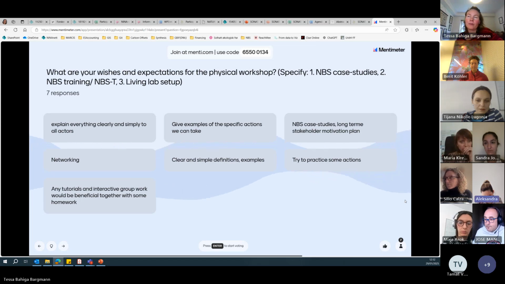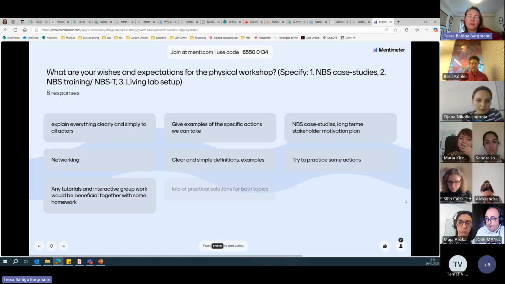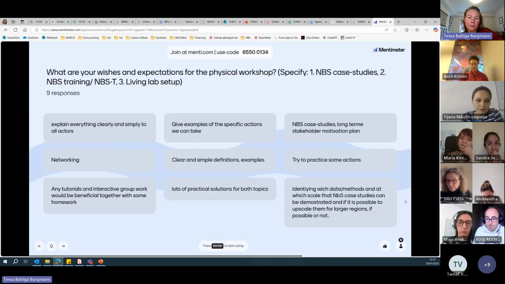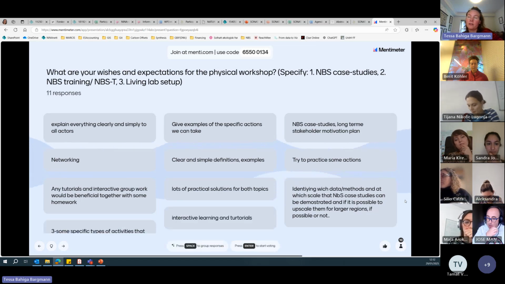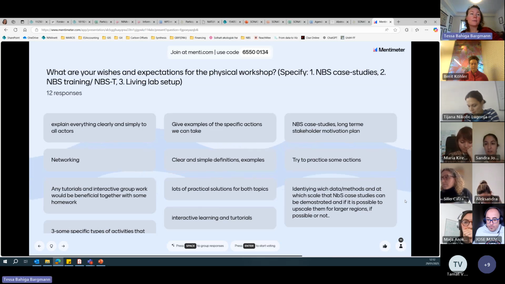Do you mean in terms of stakeholder involvement? Maybe. Tutorials and interactive work. Practical solutions for both topics. And identifying which data methods at which scale the nature-based solution case studies can be demonstrated. Yeah, thanks very much.